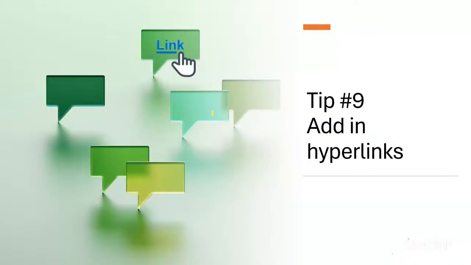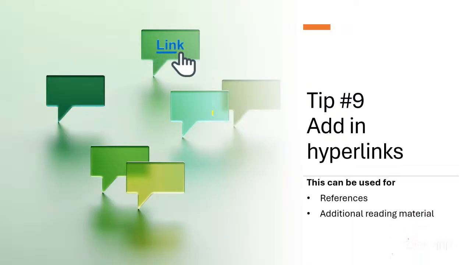For other shapes or items, the only way to tell that there's a hyperlink is that when you bring the pointer near them, the pointer turns into a hand, and that means that the hyperlink has been created. Usually, hyperlinks are used for references, additional reading material, and moving throughout the slides.